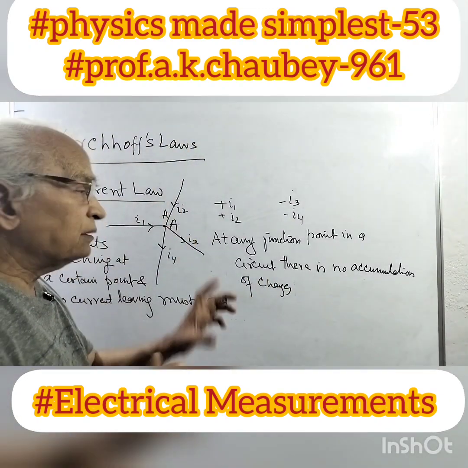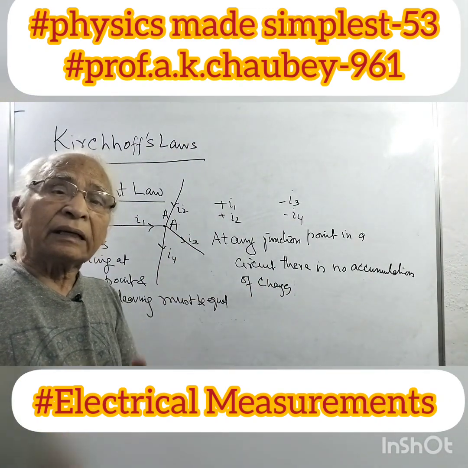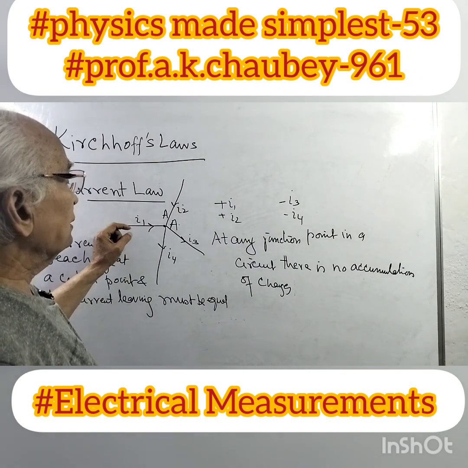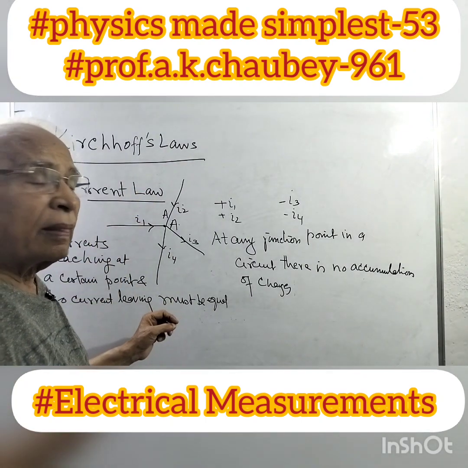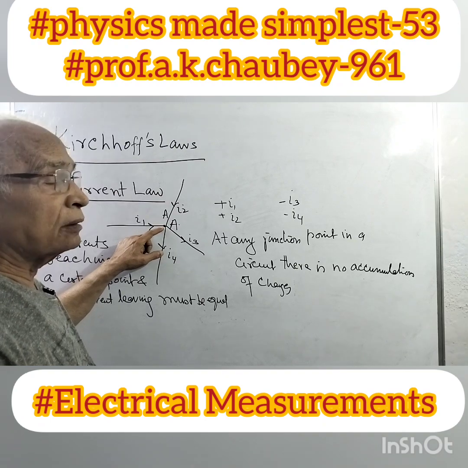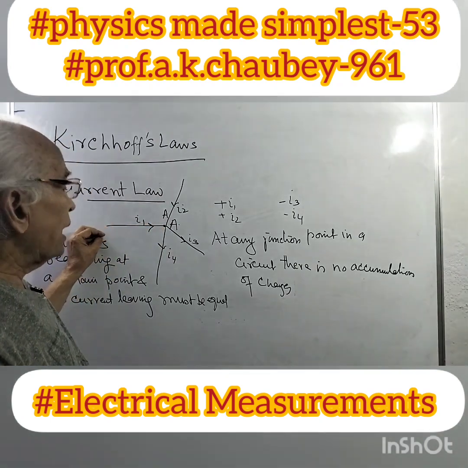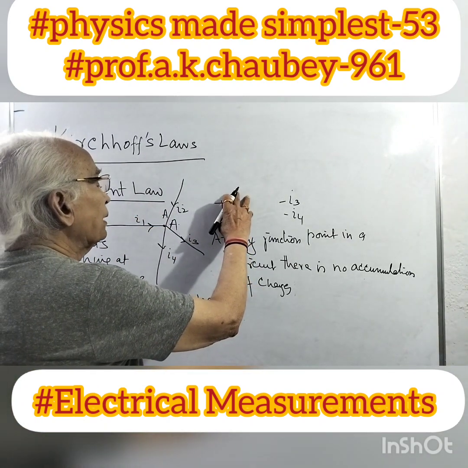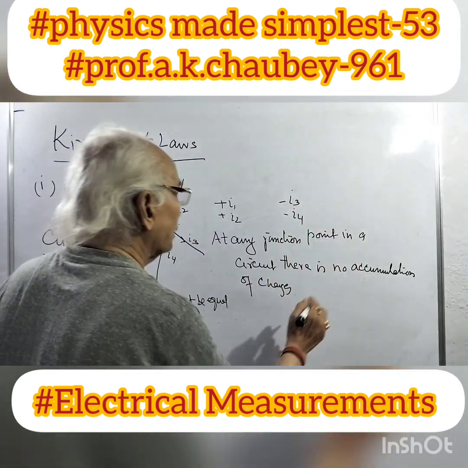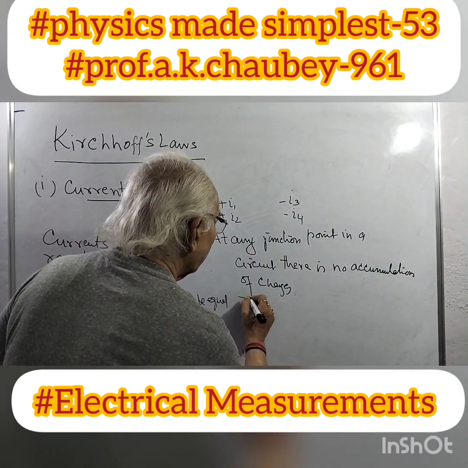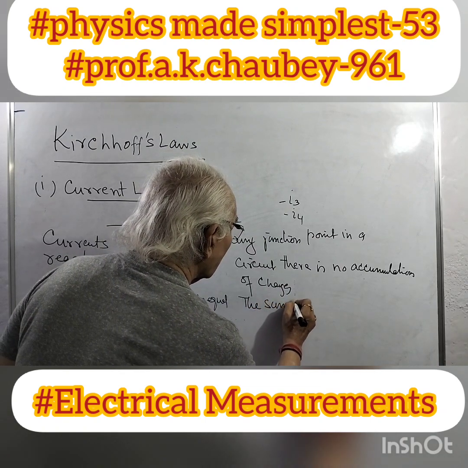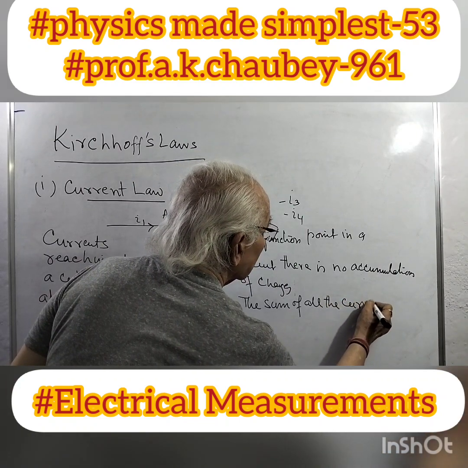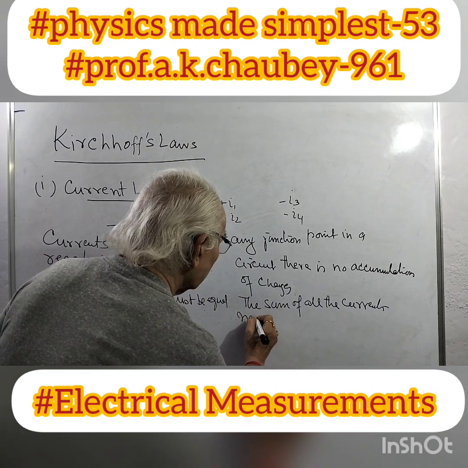Charge is not collected at any point. Charge is collected across a capacitor, but at any point where many wires are connected, some currents coming and some leaving, there cannot be any accumulation of charge. Whatever charge is approaching, the same must be leaving. It means the total current approaching and the total current leaving must be equal, or the sum of all the currents must be zero.